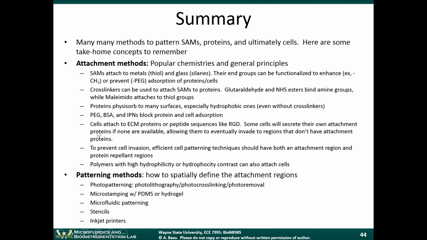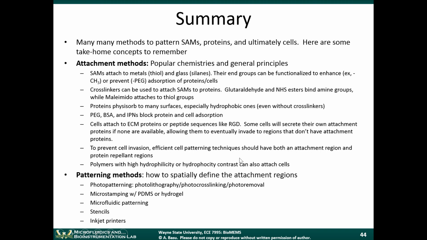Cells, if you want to attach cells, they like to attach to proteins in the extracellular matrix or peptides which resemble sequences in the ECM. So some cells will secrete their own attachment proteins if none are available, so they can invade into regions that don't have attachment proteins.